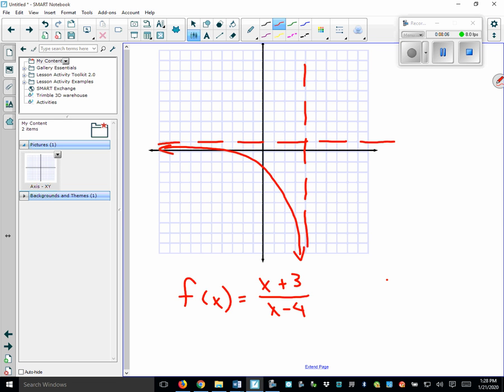Negative 3/4. So it has to be down there. Now, where's the other piece? That would be up top in the right-hand corner. Remember, it gets close to the asymptotes, but doesn't what, Ethan? Doesn't touch the line.